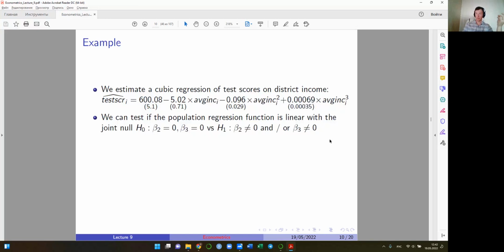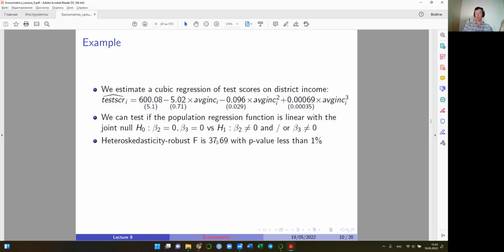Again, remember from the previous lecture that we cannot tell whether H null is rejected or not simply by looking at the significance of these two coefficients, because in this case the probability of rejection of H null increases. So therefore we need to apply the heteroscedasticity robust F statistic.